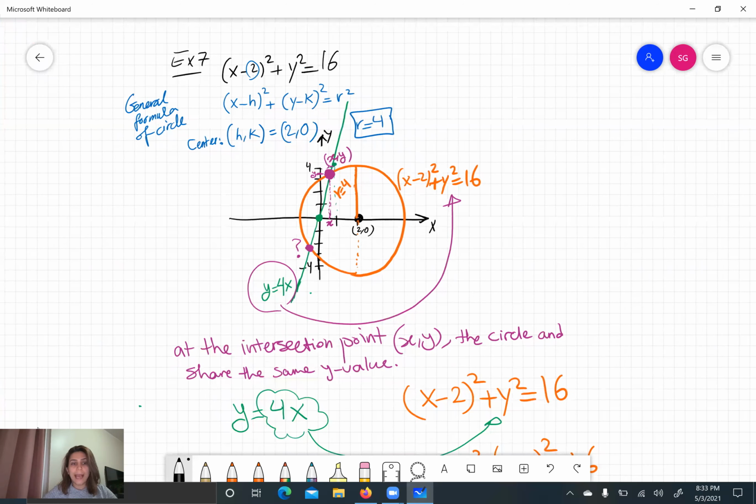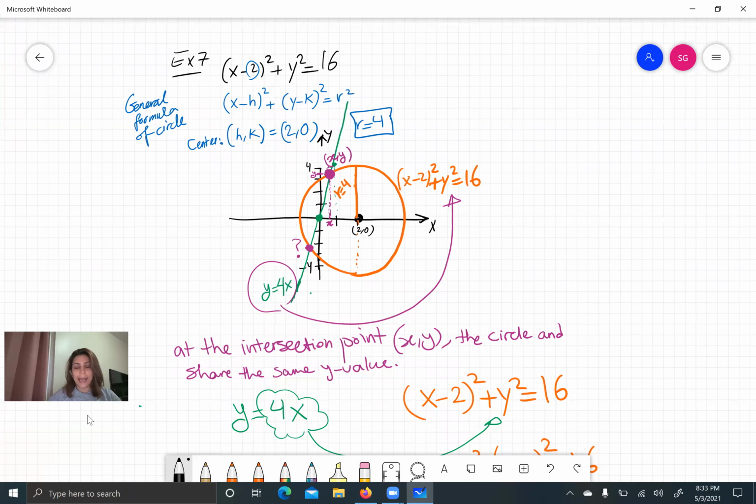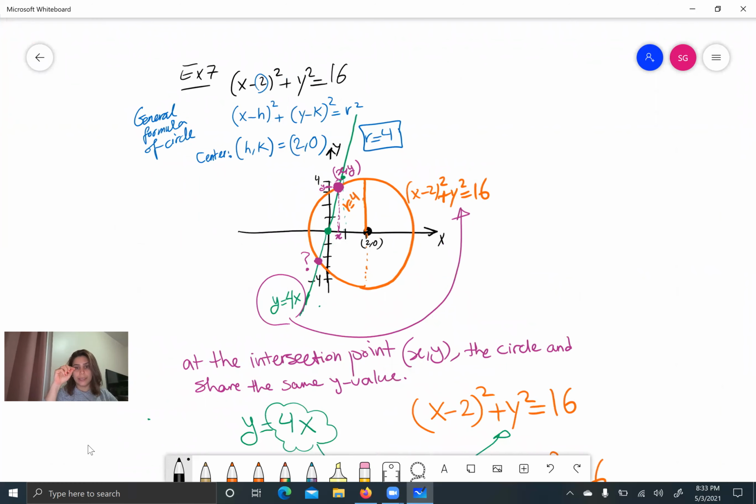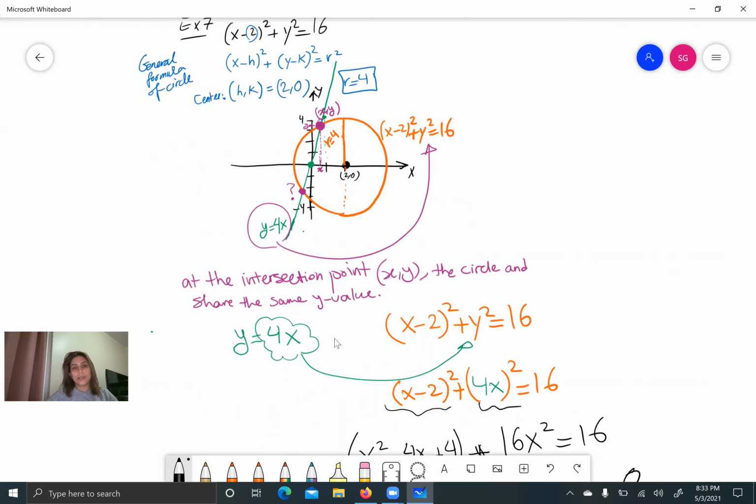Since we have the equation of the line and the equation of the circle, when they intersect, if you're looking for the x values at those intersection points, they share the same y value, because those outputs are the same.